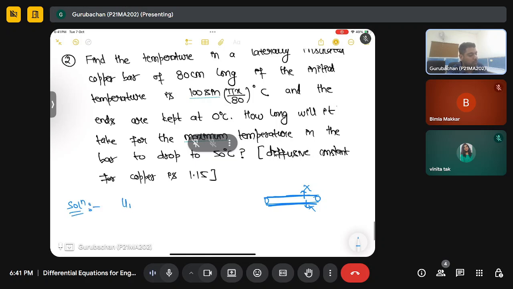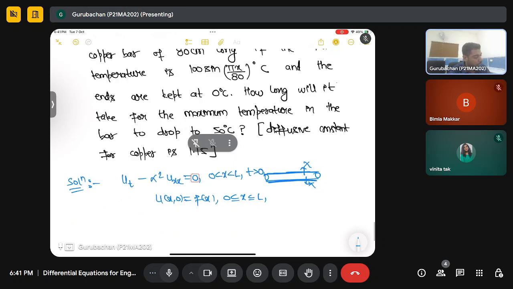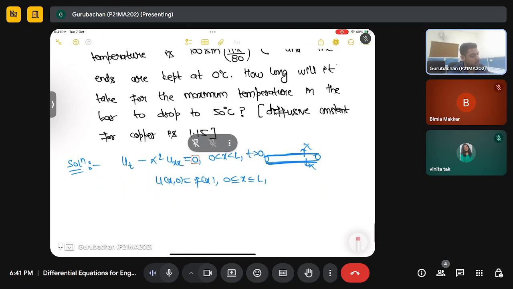So in general we know that u_t minus alpha square u_xx is 0 for any x between 0 and L, and t is some positive number. We have given a condition f(x) where x can be any value from 0 to L, and u(0,t) we have given as 0, and u(L,t) is 0 for any t greater than or equal to 0.